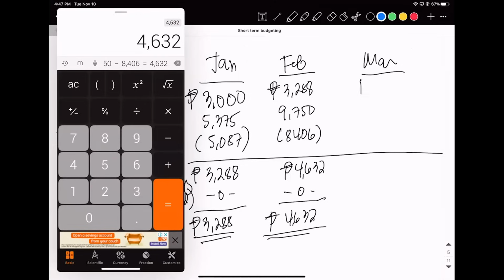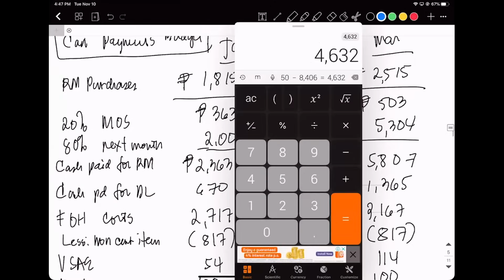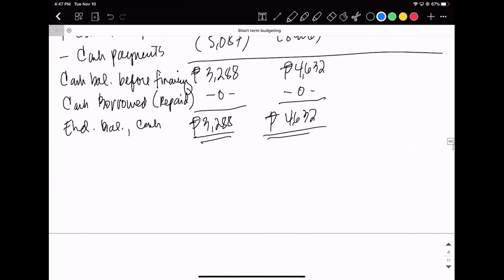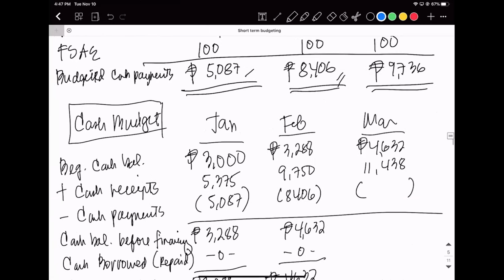Okay, and then last month, 4,632. Ayan. So, cash receipts ulit. Ilan ang cash receipts natin? March, 11,438. Round off na lang natin. Ang cash payment is 9,736.